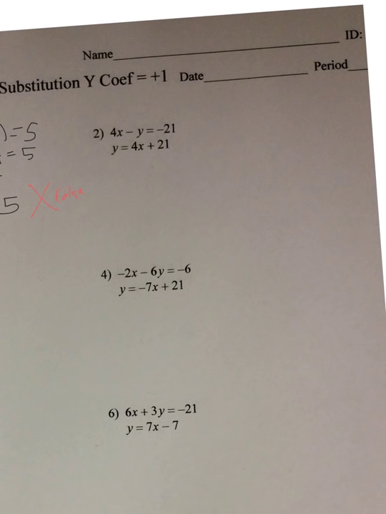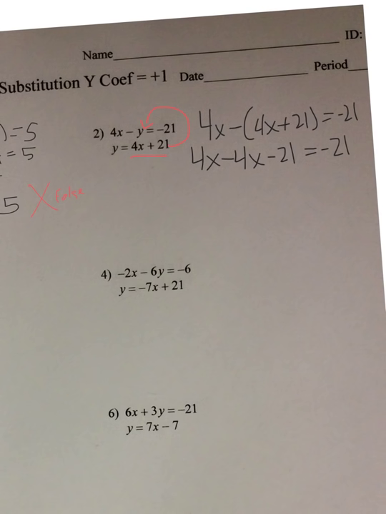Okay, let's take a look at this one. Right here, you plug this in right there. So I'm going to write 4x minus 4x plus 21 equals negative 21. Well, that negative right there changes the signs of everything inside the parentheses.